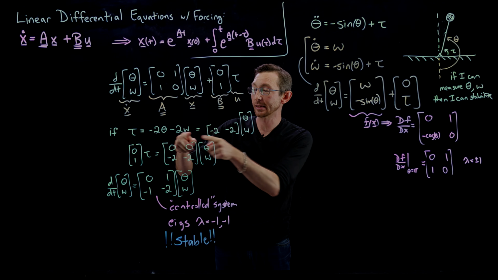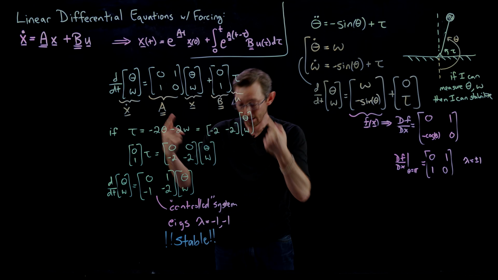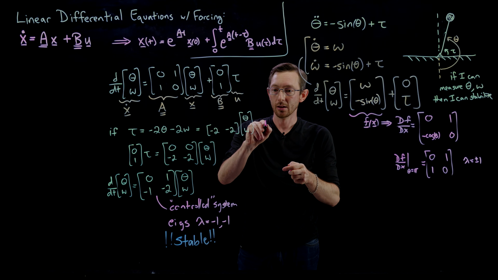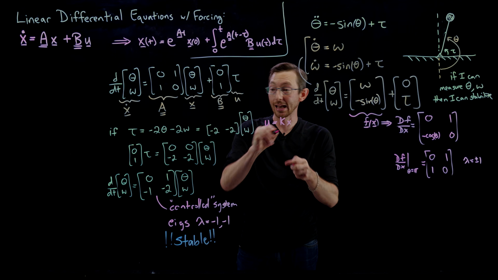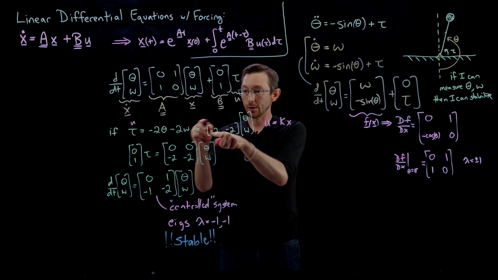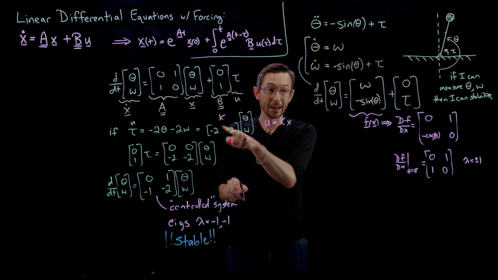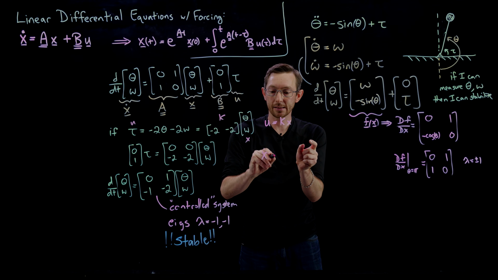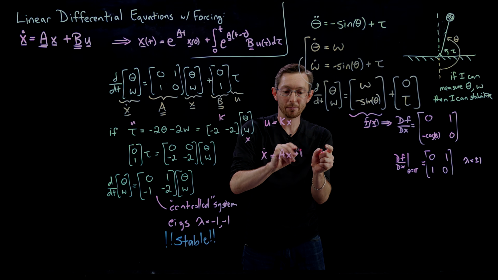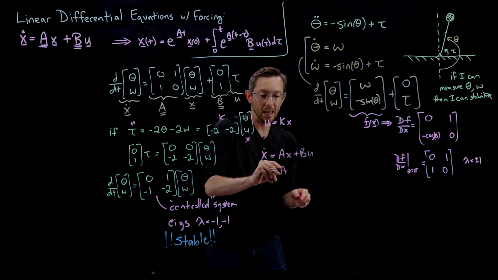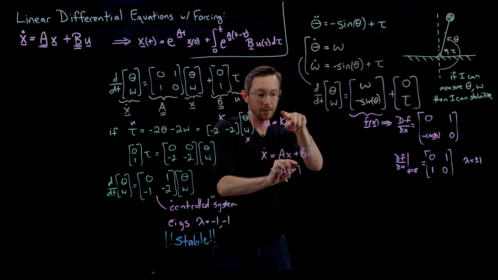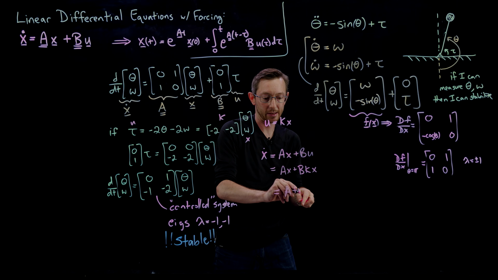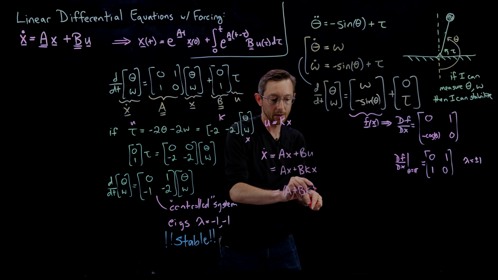And under some circumstances, if I design my U correctly, in this case I'm literally saying U equals some matrix times X. If I use U equals K times X, then x dot equals Ax plus Bu becomes Ax plus B times K times x, and that equals (A plus BK) x.